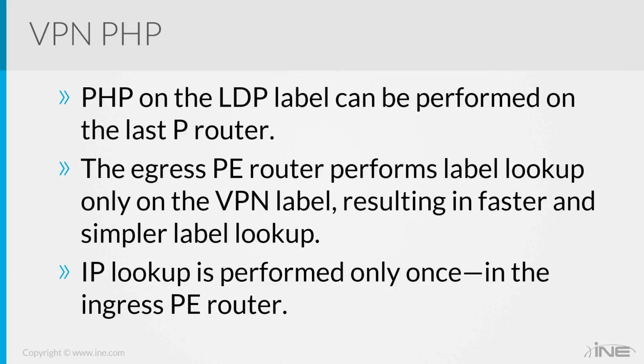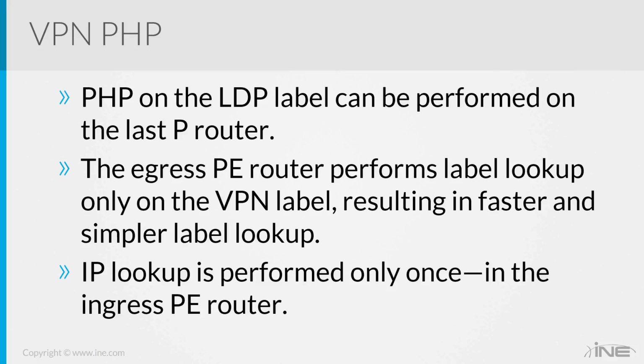Once you've hit that, the PE router that is connected to the customer that you're trying to reach is actually advertising implicit null, which is label value 3. Label 3 is implicit null, label 0 is explicit null, so I've got them reversed.